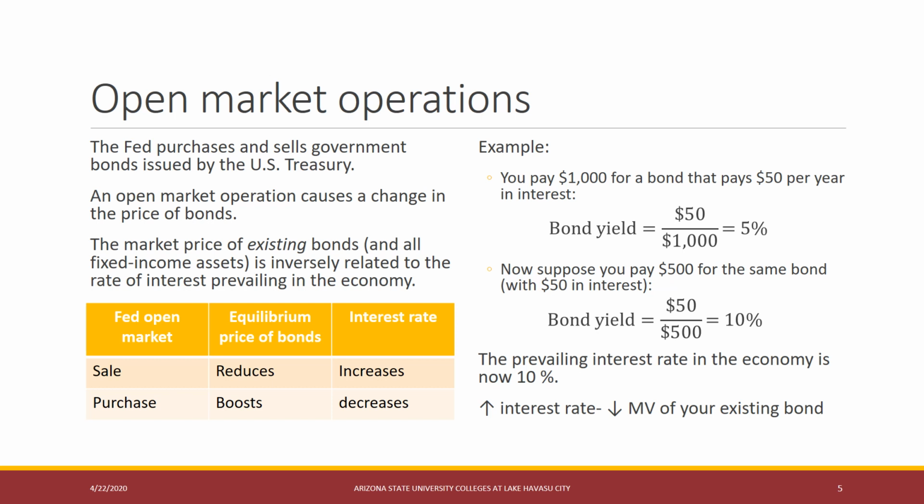To understand how these actions by the Fed influence the market interest rate, we have to start in an equilibrium state in which all the individuals, including the holders of bonds, are satisfied with the current situation.